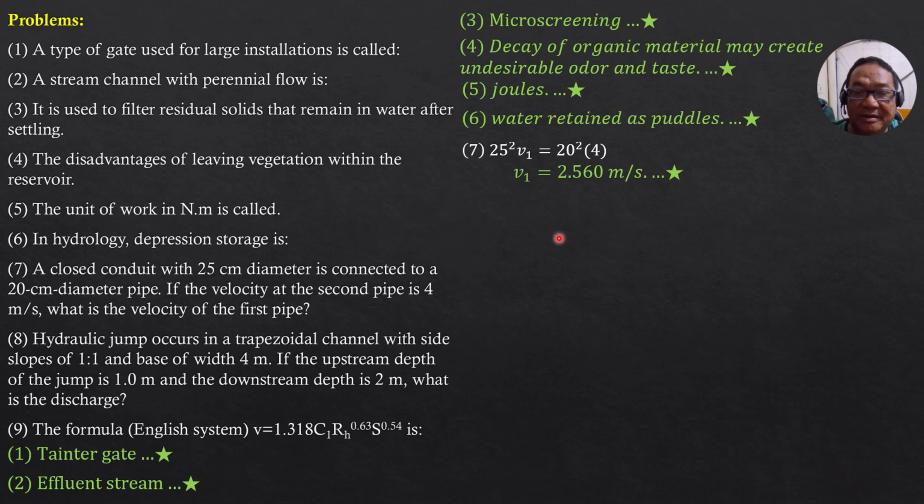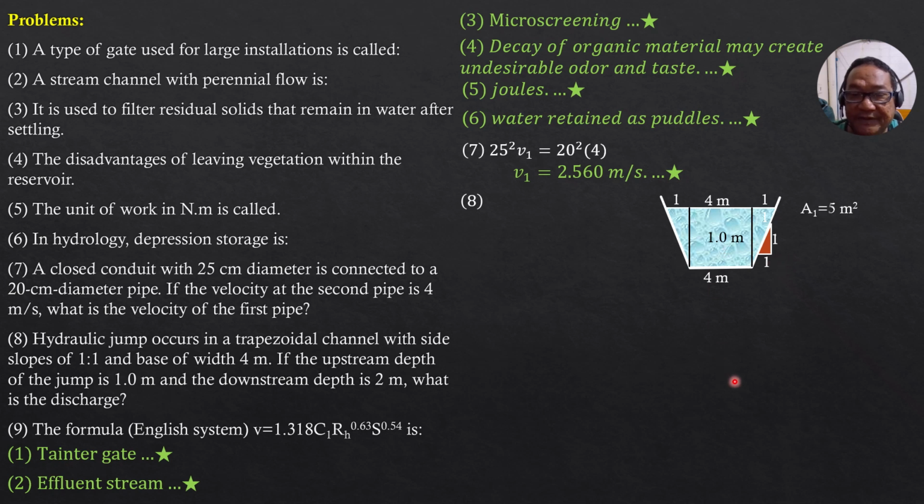So the FBD consists of hydrostatic forces at 1 and at 2. So the general formula is F2 minus F1 equals Q rho, or mass flow rate, times quantity V1 minus V2. For number 8, this is the cross section at 1 before the jump, and at 2 after the jump.